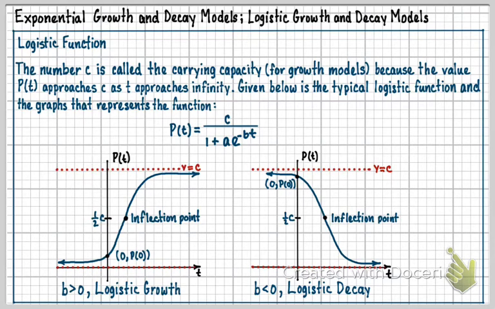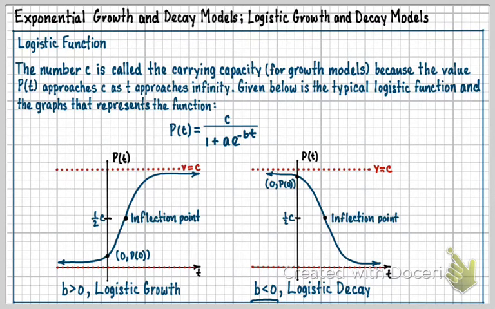And notice the other thing for the logistic decay, that my b is less than 0. So that would make this whole top positive. And as my t goes to infinity, this is going to grow exponentially on the bottom. So that's going to go to infinity. As this goes to infinity on the bottom, C is some fixed number, so that means I would go to 0. So it just makes sense where that all comes from.